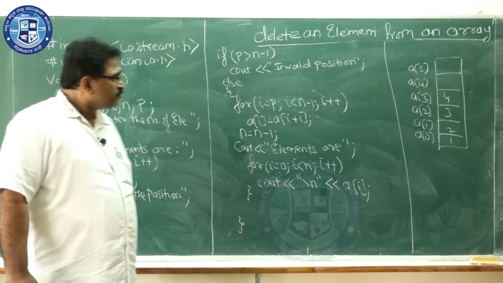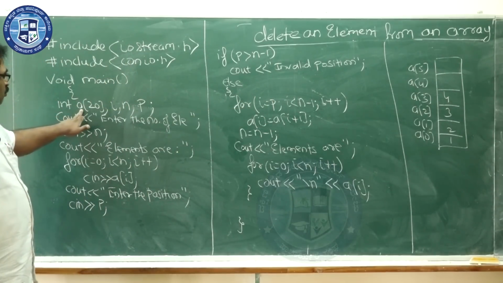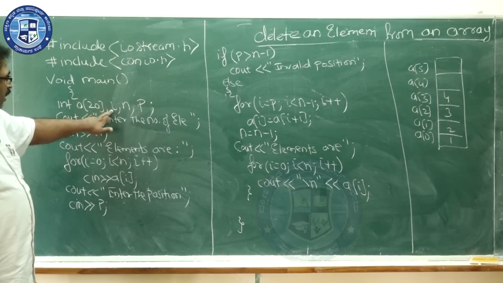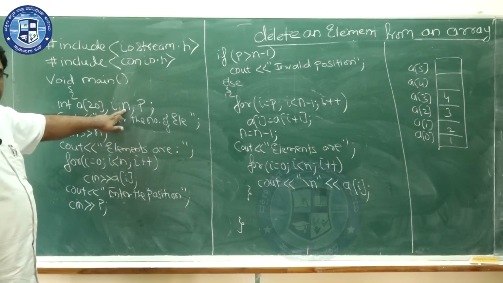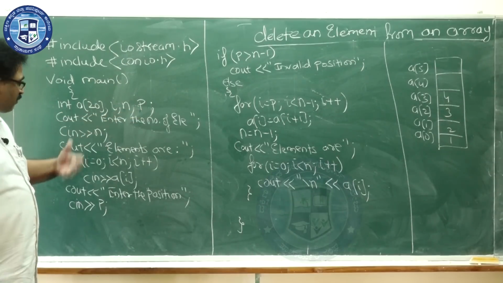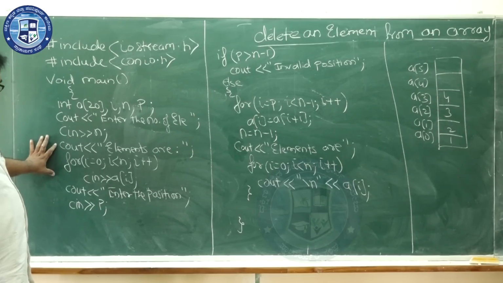That is important. Now the same thing, you have an array. I've taken the size as 20, n is for the number of elements, and p is the position. So the first part and the second part are almost the same as we have seen for many programs.